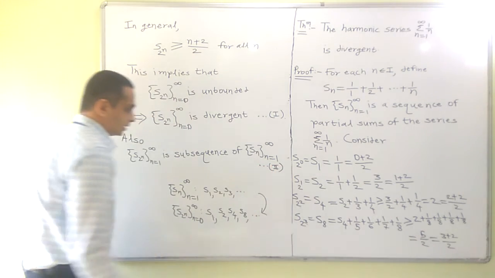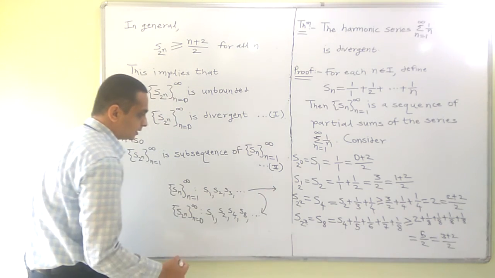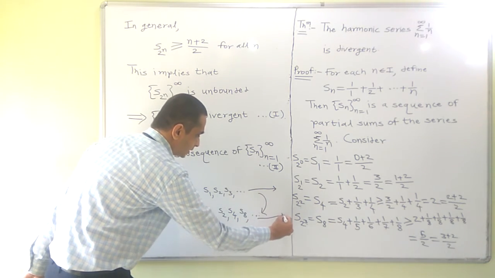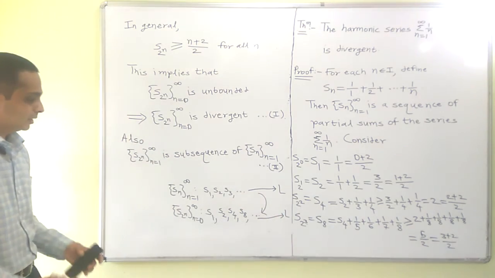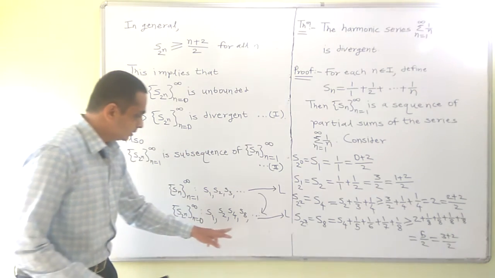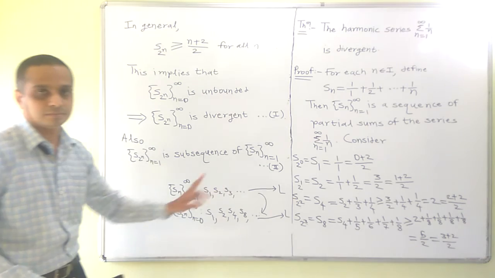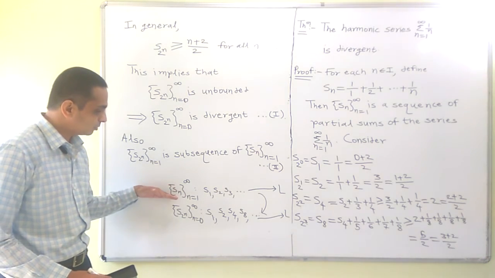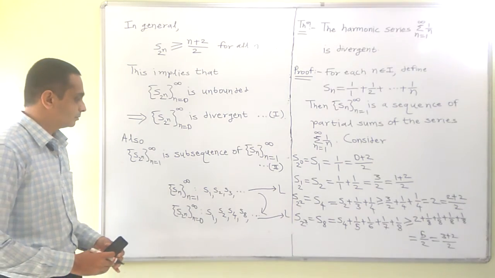We know the result that if a sequence is convergent, then its subsequence is also convergent. If it converges to L, this will also converge to L. But we have established that this is divergent. So if this is divergent, this cannot be convergent. Because if a sequence is convergent, then a subsequence is also convergent.